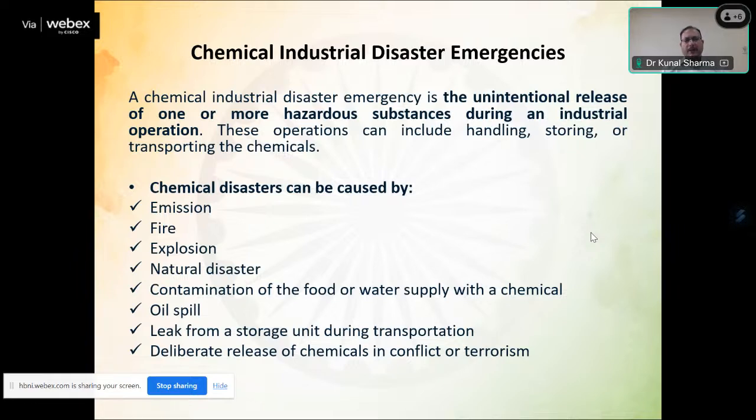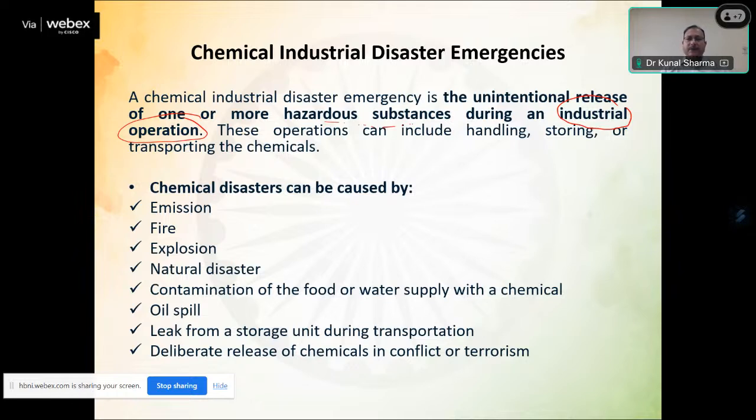A chemical industrial disaster emergency is the unintentional release of one or more hazardous substances during an industrial operation. In such a disaster there should be an integration of industrial units, process, manufacturing, maintenance, storage, or anything like that.